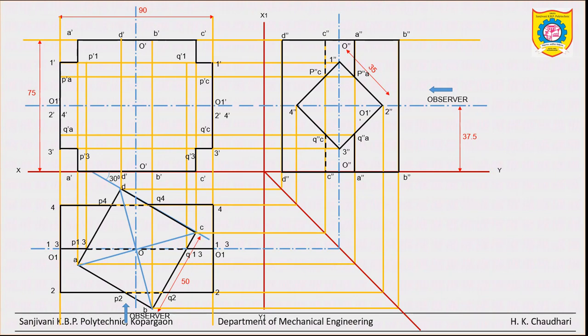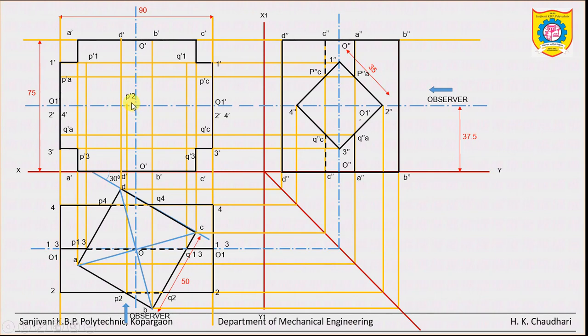Now see this point number 2, or this edge number 2. In the top view you can observe here, edge number 2 is in between P2 and Q2. So we have to locate P2 and Q2 in the front view. So take the projection on horizontal line 2.